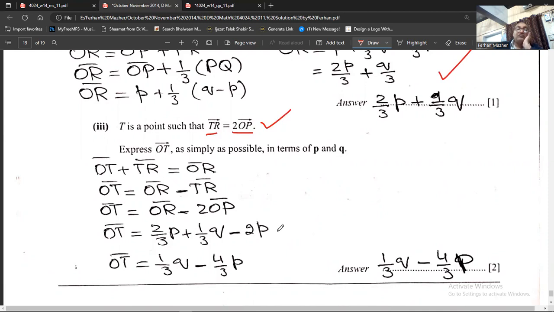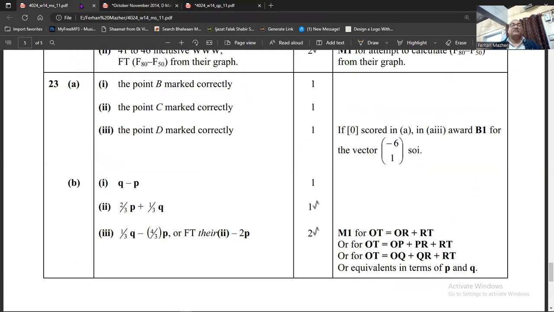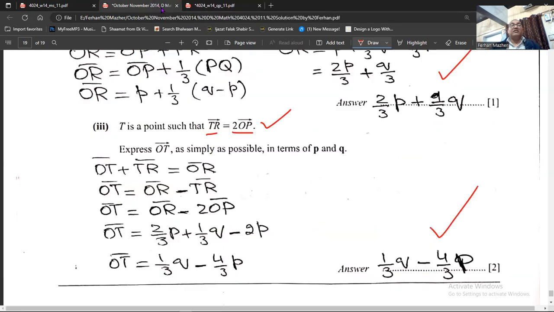Minus, this will become 6 by 3, so 2 minus 6 will be minus 4. So you will have minus 4 by 3 p. This will remain as it is, 1 by 3 q. So 1 by 3 q minus 4 by 3 p. So this is the answer. So let's check. Yeah, the answer is right.